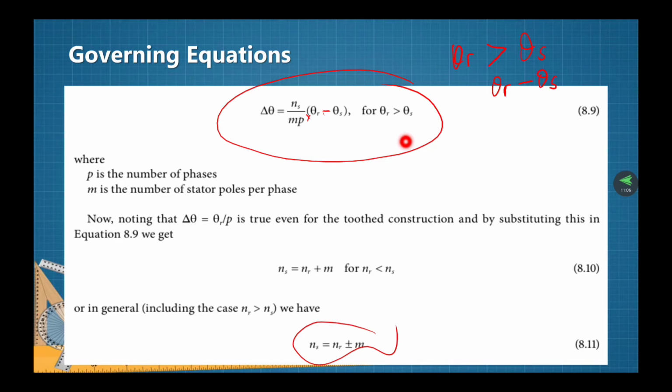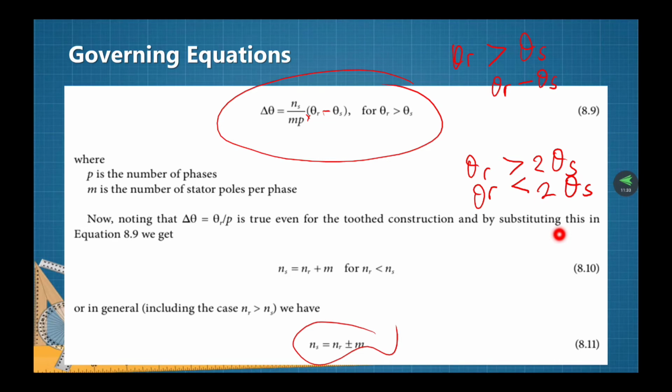And a further generalization, if the theta r in here is greater than 2 theta s, or theta r is less than 2 theta s, as in the third case, by introducing an integer r.